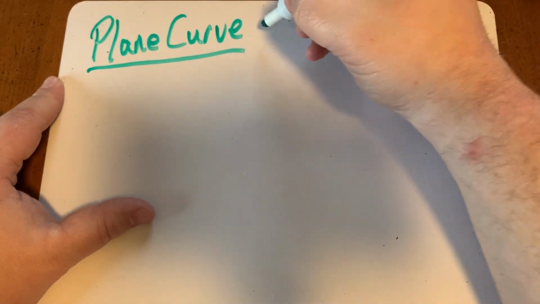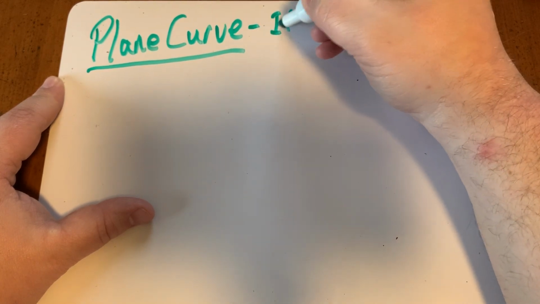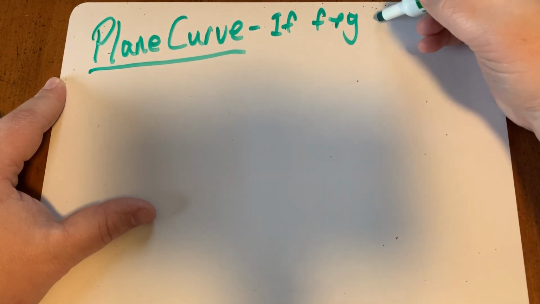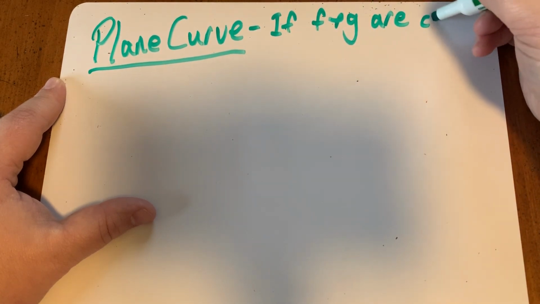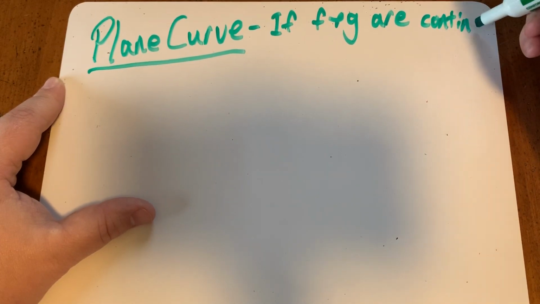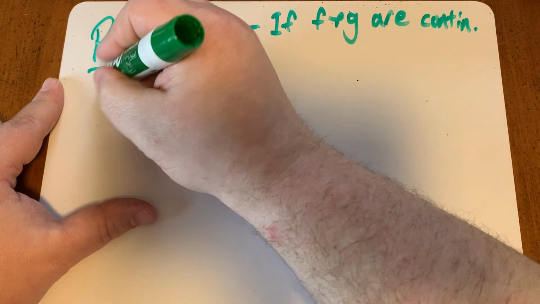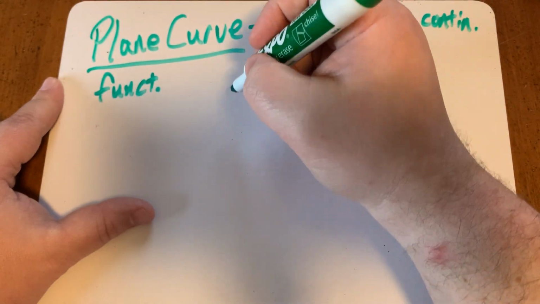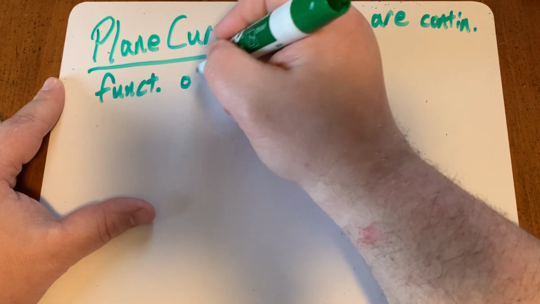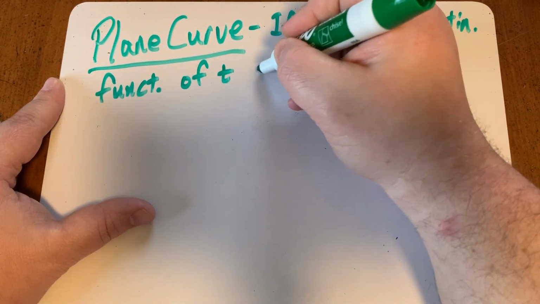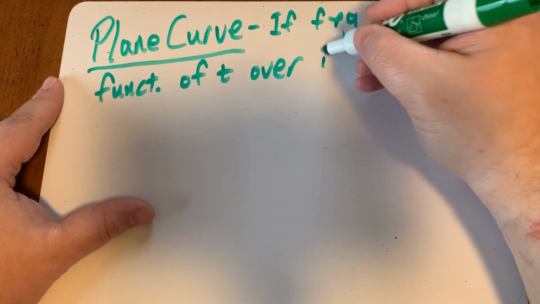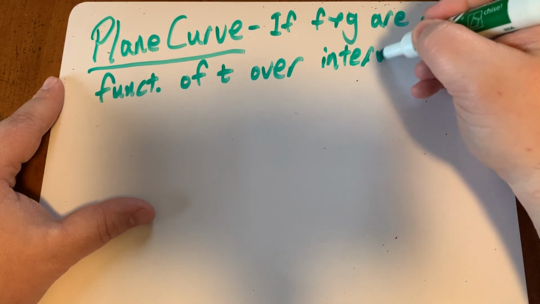So what a plane curve is: if you have two functions, f and g, and they're continuous functions in terms of t, and oftentimes we're going to be restricted to a set interval.